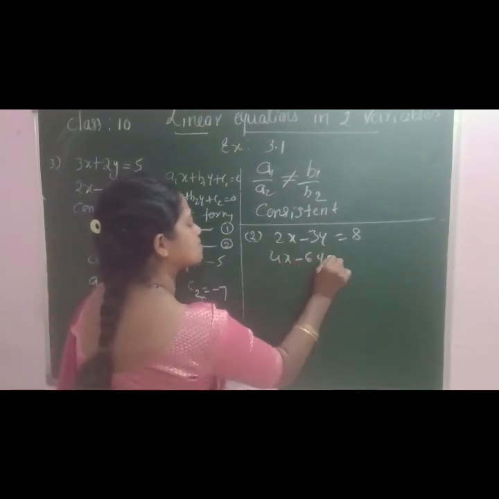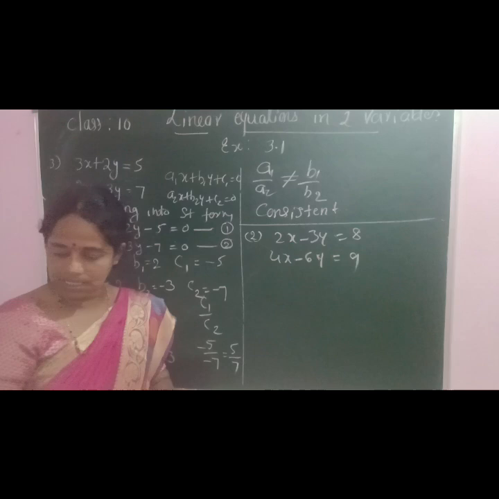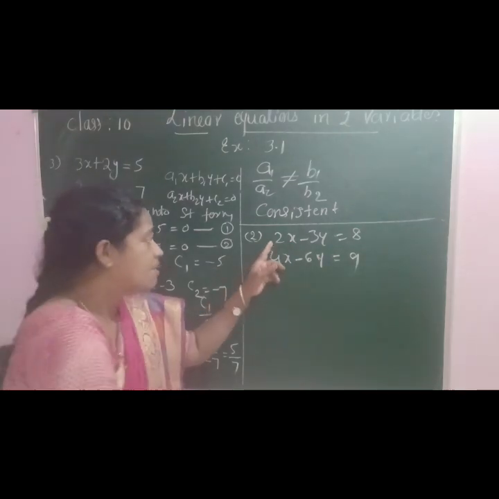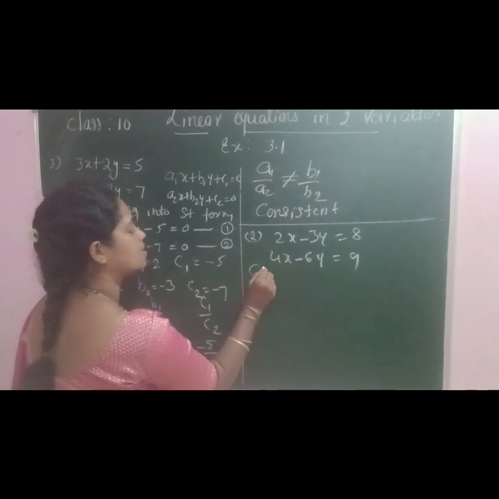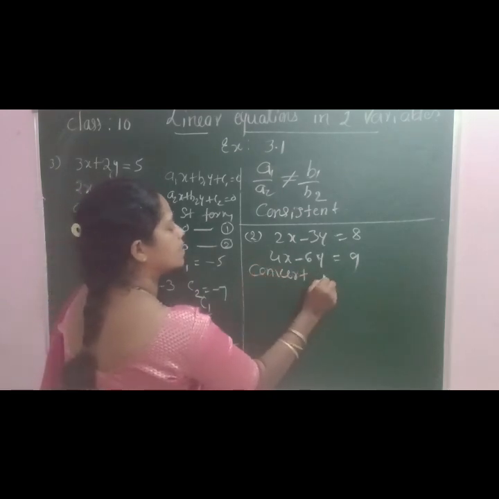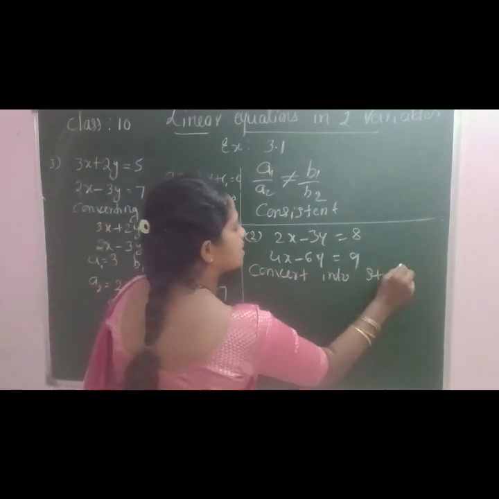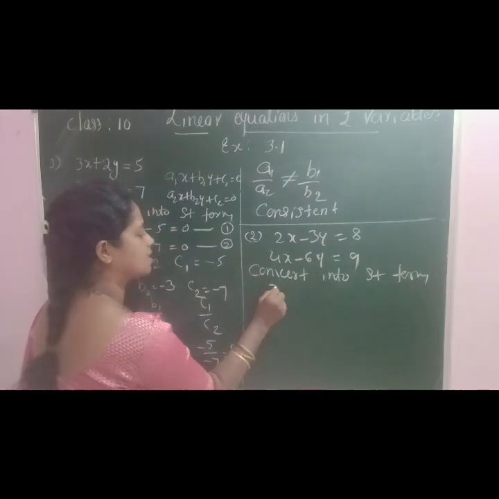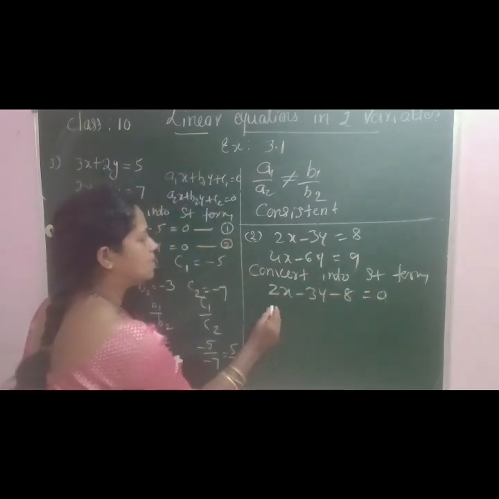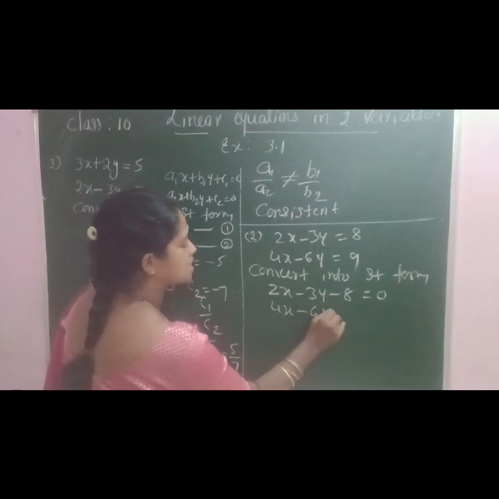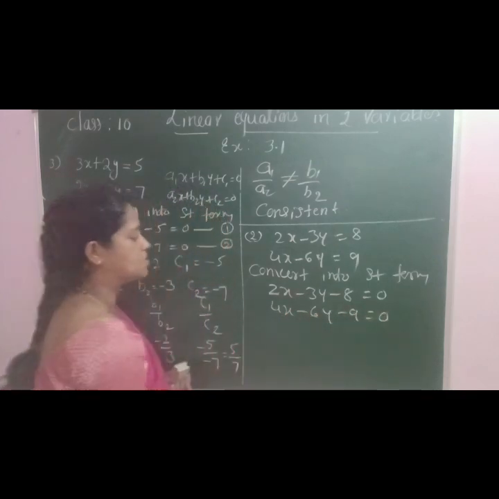Here also, the given equations are not in standard form. Let us convert again into standard form. We get 2x minus 3y minus 8 is 0, and next, 4x minus 6y minus 9 is equal to 0.